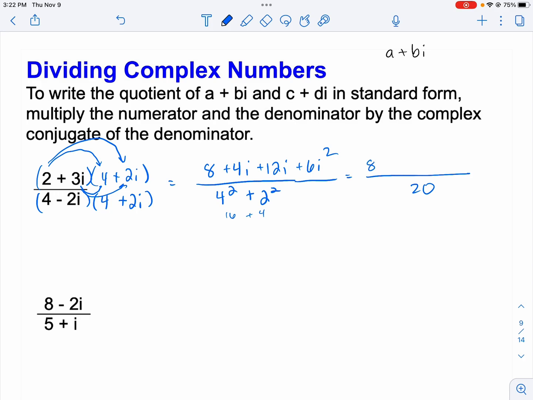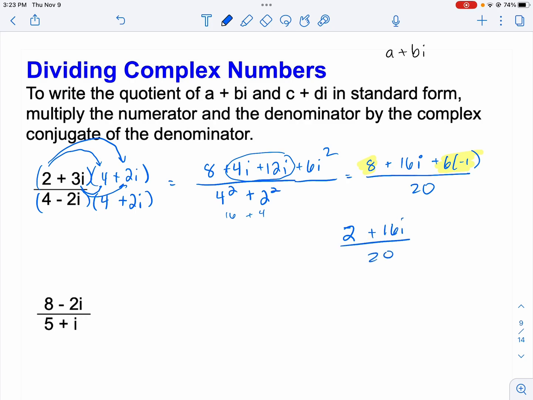On top, 8, and then we're going to combine our imaginary parts by adding 4i plus 12i to get 16i. And then remember, i squared is -1. And so now we can combine 8 and -6 to get 2 plus 16i over 20.